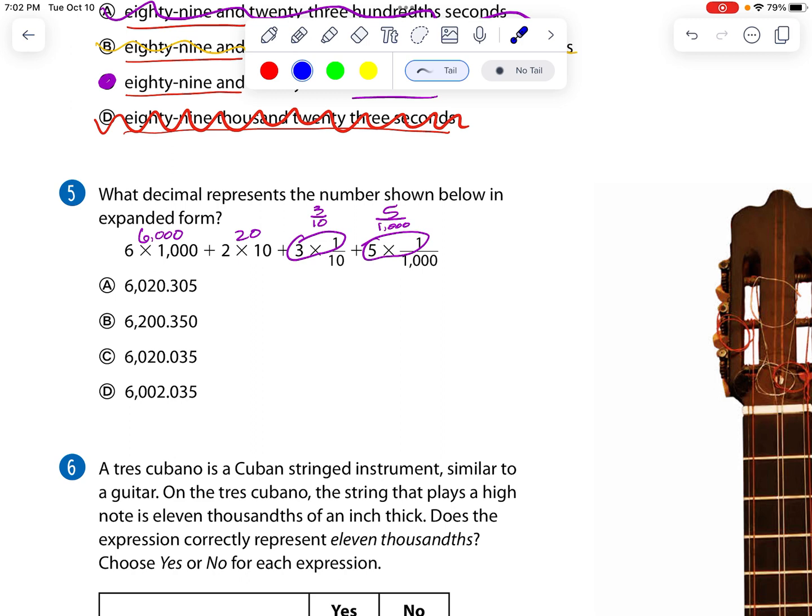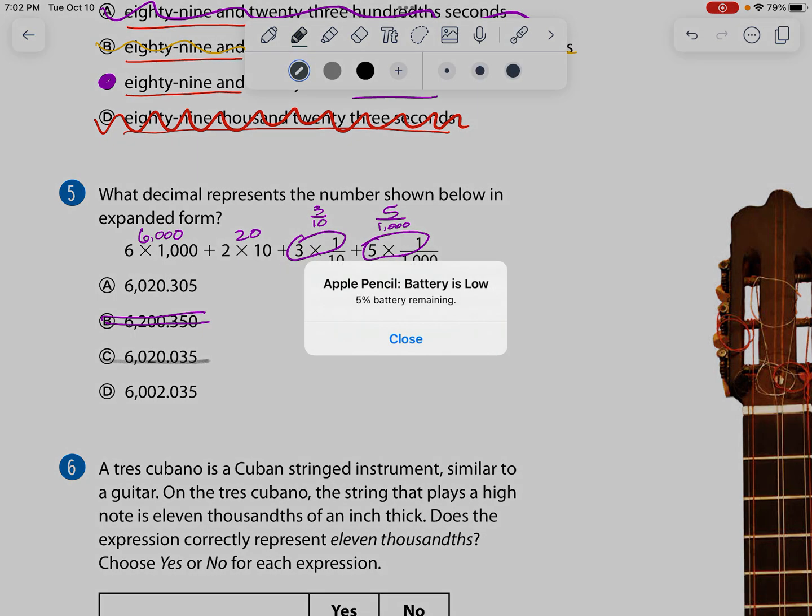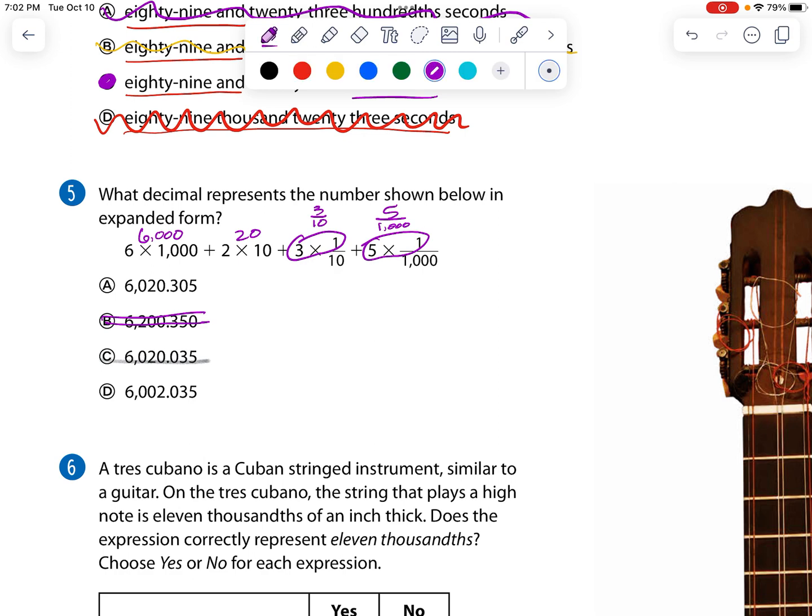This one does. So that means that's crossed off. This one has a hundredth, and this one has a hundredth. So we have to cross off those as well. My battery is dying. Well, better hurry. Okay. Those as well. So this is our answer.